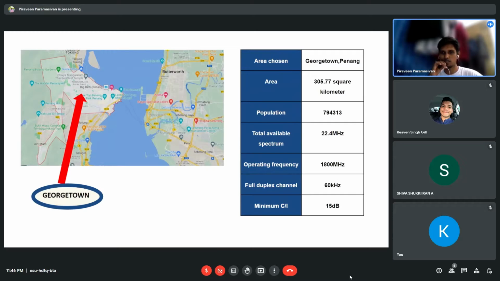For the total available spectrum, it is 22.4 megahertz, while the operating frequency will be 1800 megahertz. For the full duplex channel, the frequency will be 60 kilohertz, while the minimum CI will be 15 dB.